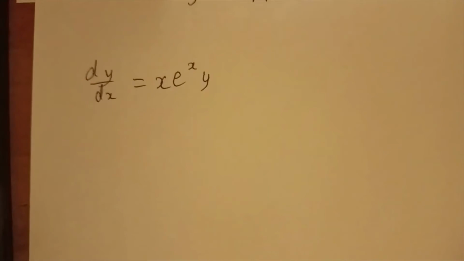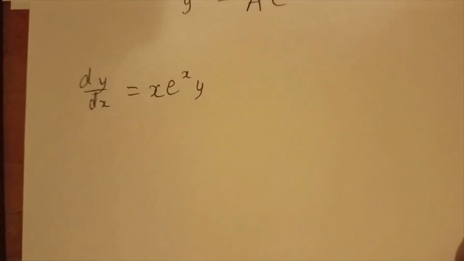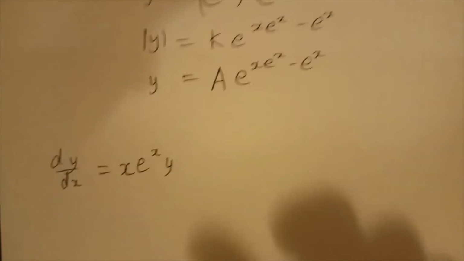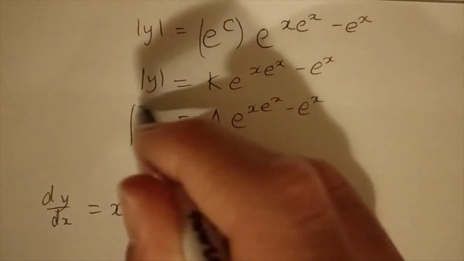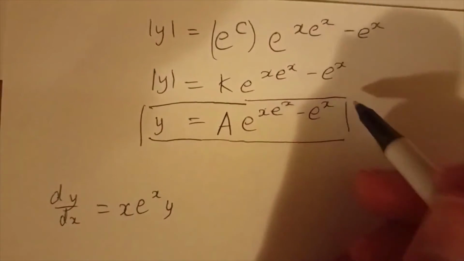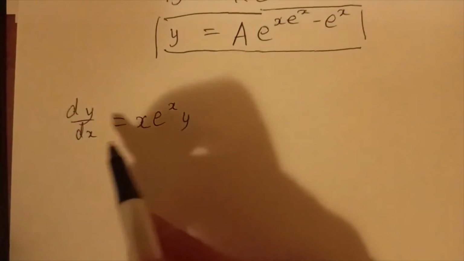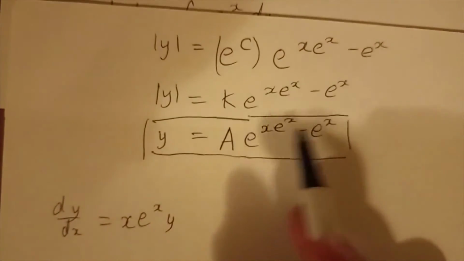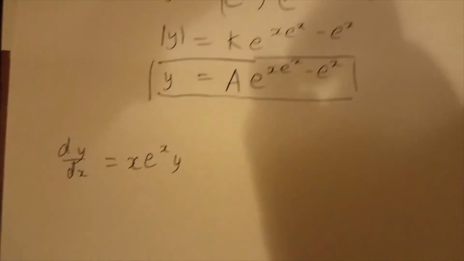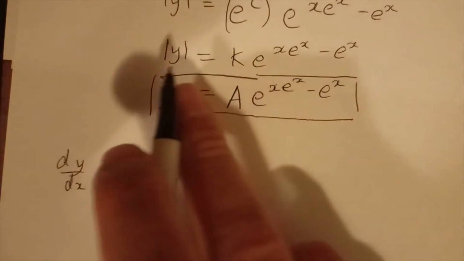Very well, here it is written: dy/dx equals x e to the x times y. This function here needs to satisfy this differential equation here. So we can check that by taking the derivative of this.